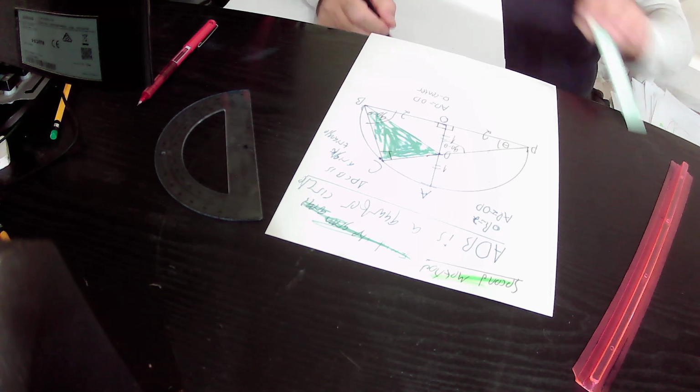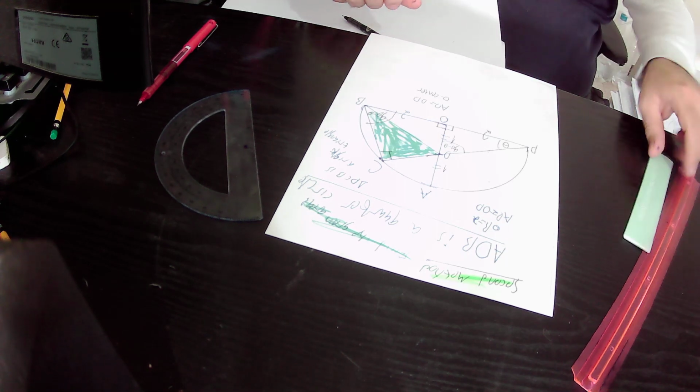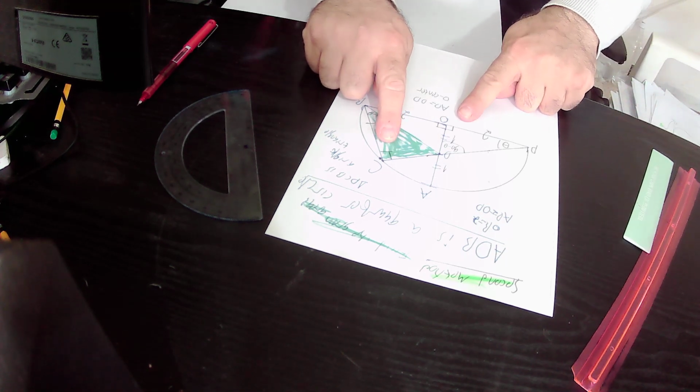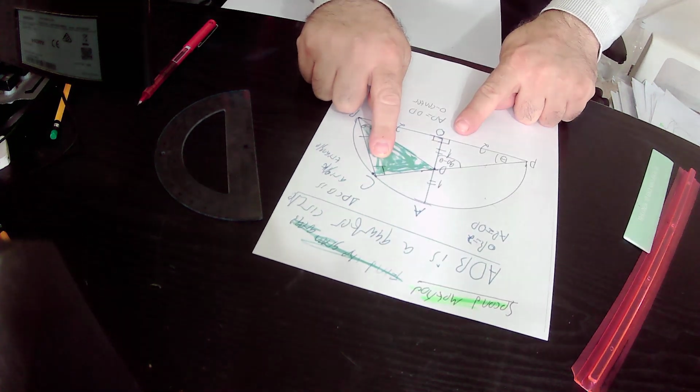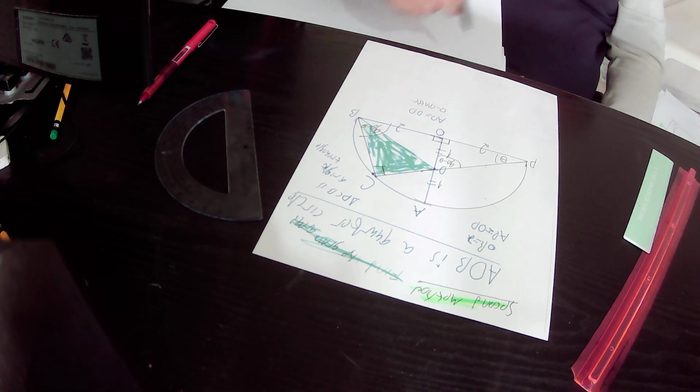So why are those two right triangles similar to each other? First of all, those two angles are both equal to 90 degrees, therefore they are equal to each other. So angle POD, this angle, is equal to this angle, which is actually angle PCB, and they are both equal to 90 degrees, therefore they are equal to each other.